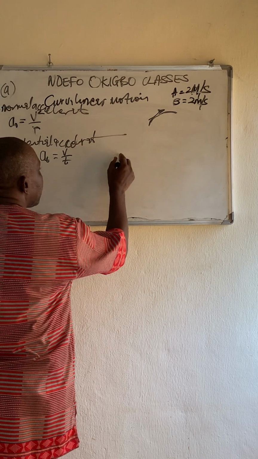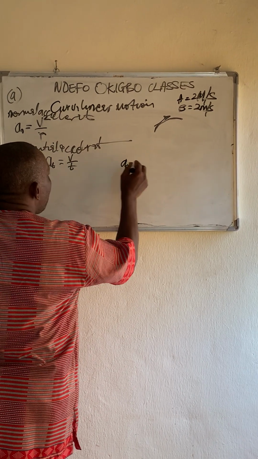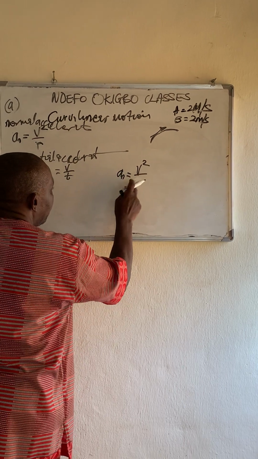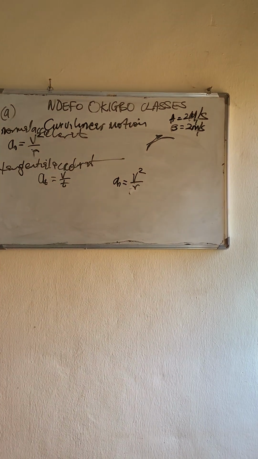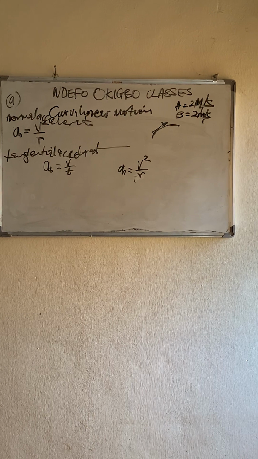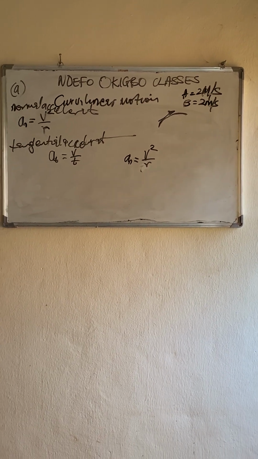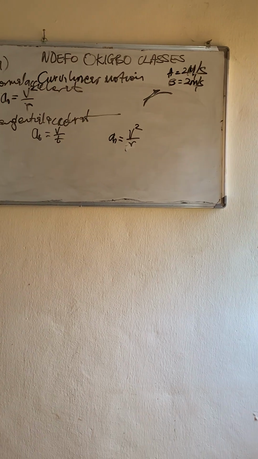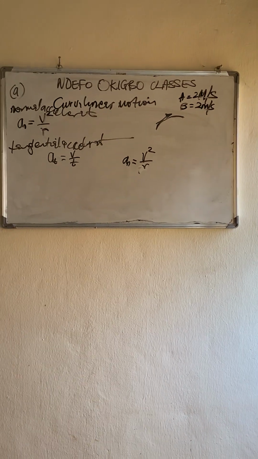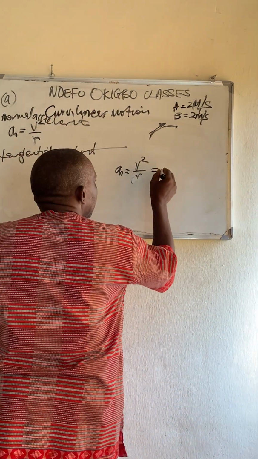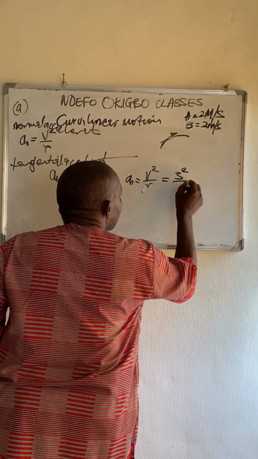Normal acceleration is equal to velocity divided by the radius. The car was moving with a speed of 3 meters per second, and the radius is 20 meters. So that is 3 meters per second over 20.